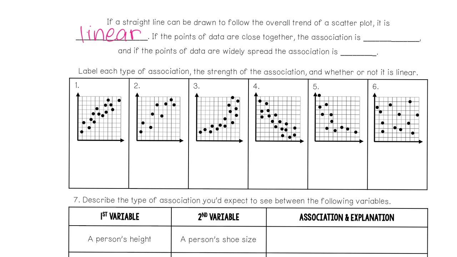Now, if they're really, really tight around that straight line, or just together in general, this would be an association that is strong. And what do you think it's going to be called when they're kind of loosey-goosey, like all around? It's either strong or it's weak. Yes.